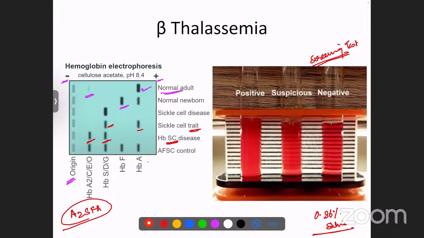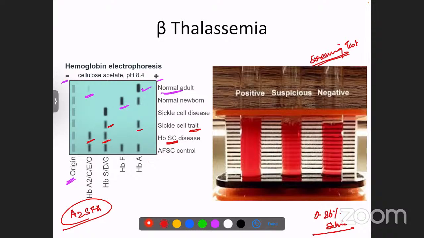So how do we interpret this? As you can see here, there is a paper at the back with lines. In the negative tube, you are able to see these lines. When you are able to see the lines, it means hemolysis is complete, so this is negative. Whereas here, you can hardly see some lines, sometimes you can, sometimes you cannot, so this is suspicious.